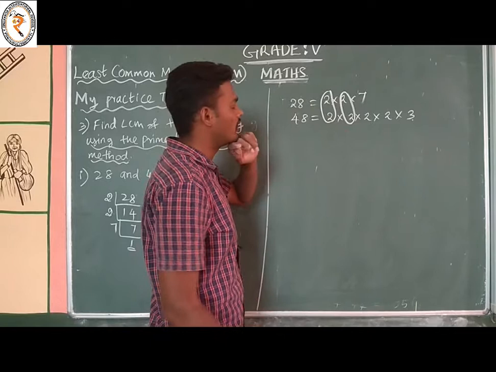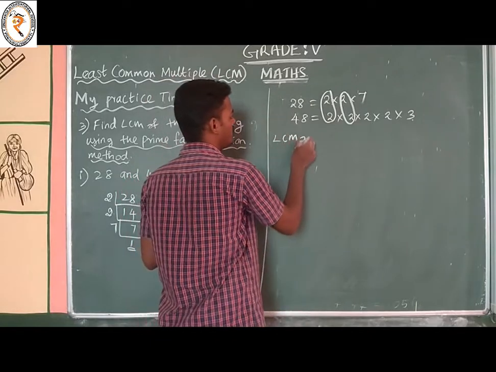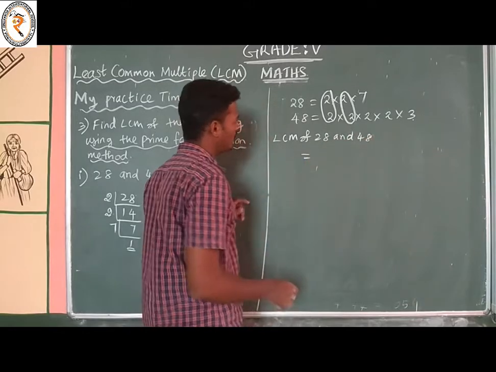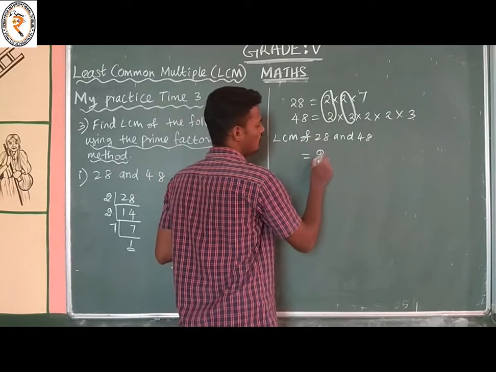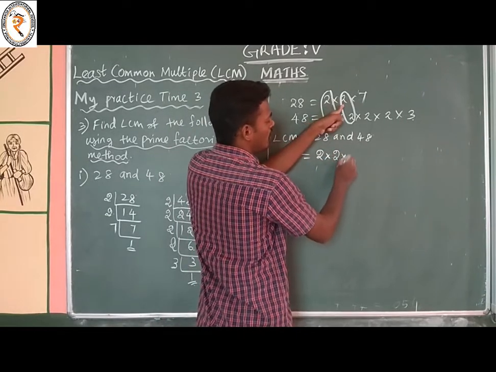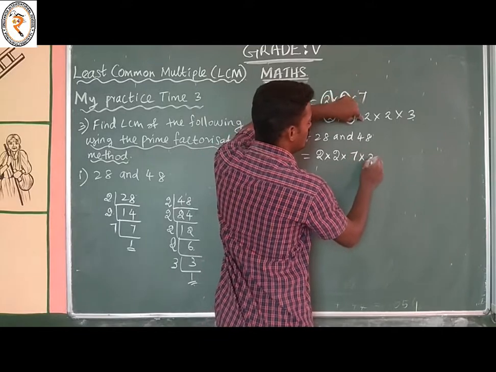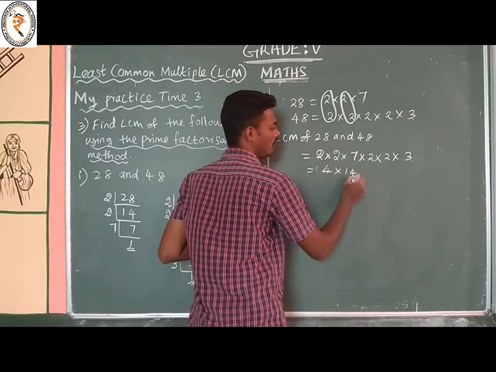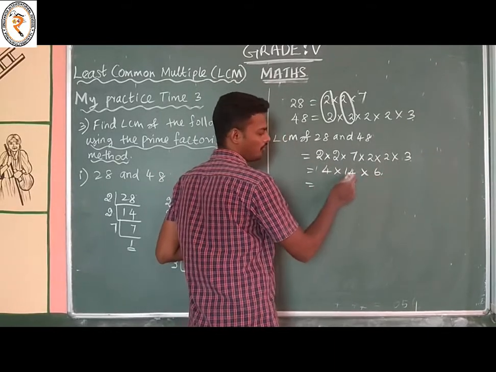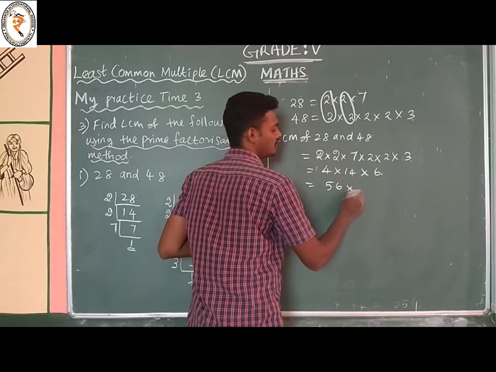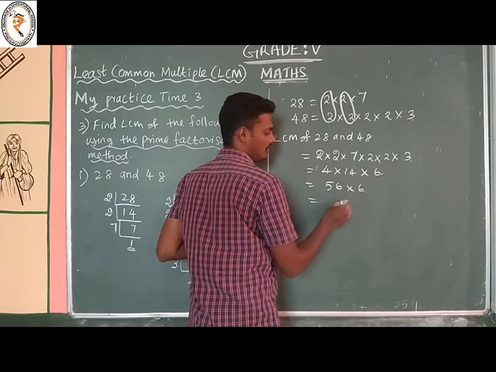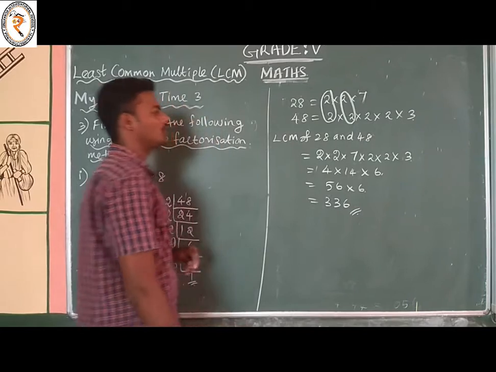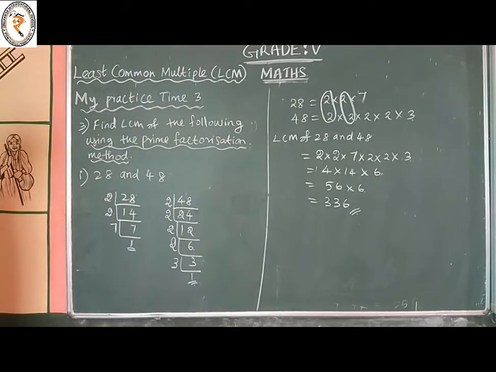So the LCM of 28 and 48 is, how many common numbers? 2 common numbers, one is 2 and the other one is 2, and the other numbers 7, 2, 2, 3. 2 2s are 4, 7 2s are 14, 2 3s are 6, 4 14s are 56, 56 into 6, 6 6s are 36, balance 3, 5 6s are 30, 30 plus 3, 33. Final answer: the LCM of 28 and 48 is equal to 336.